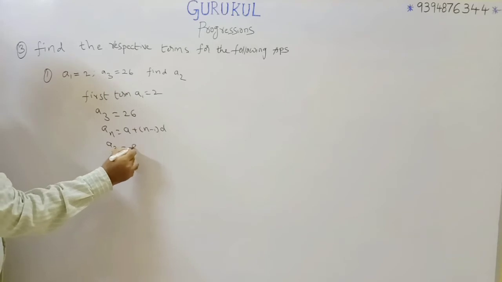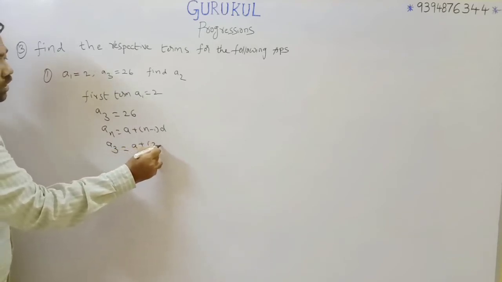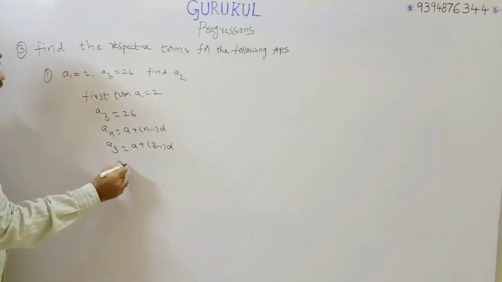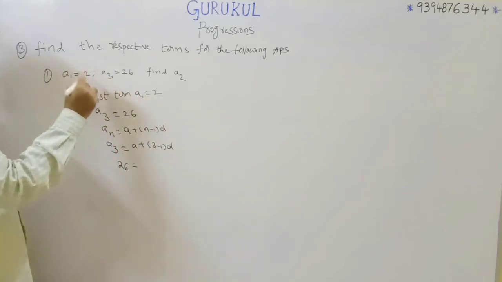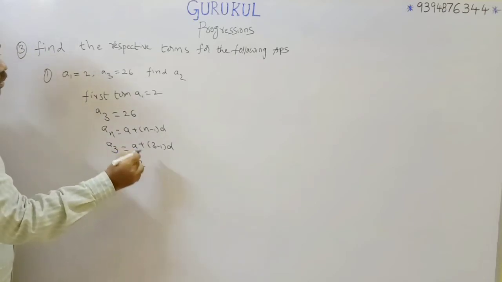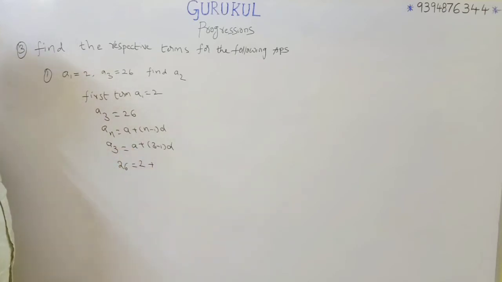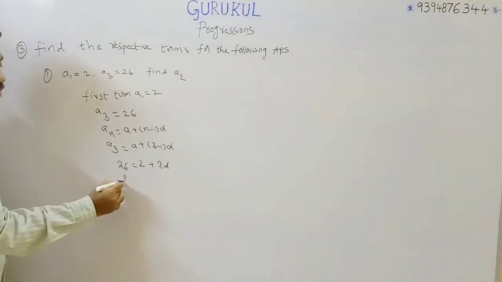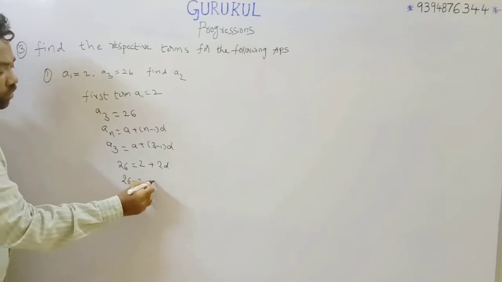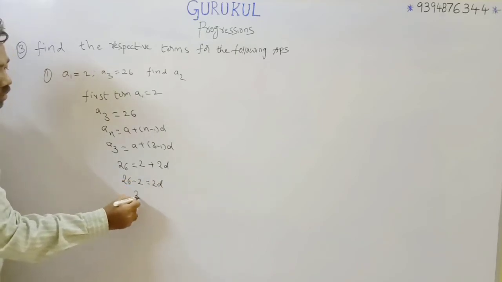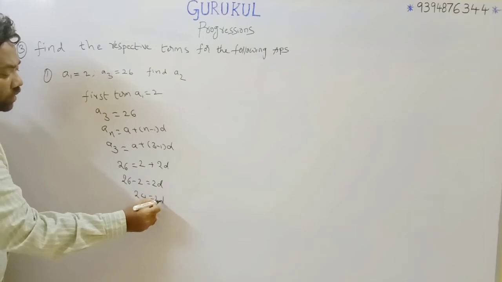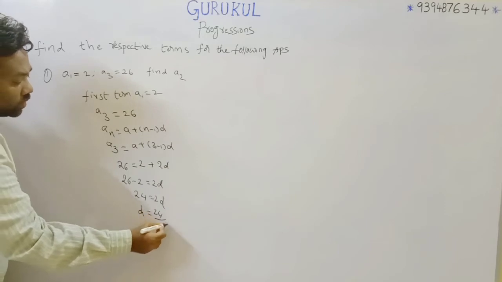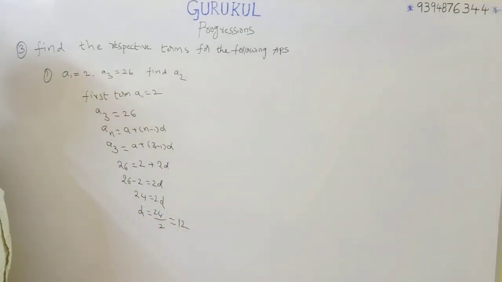A3 equals a plus (3 minus 1) into d. Here the A3 value is 26, that equals the first term 2 plus 2d. 26 minus 2 equals 2d. 24 equals 2d. d equals 24 by 2, that equals 12.